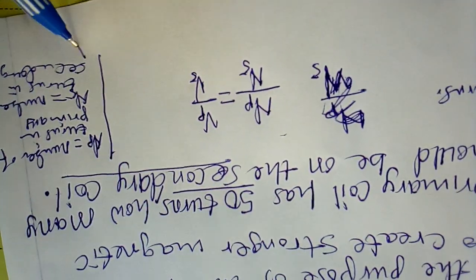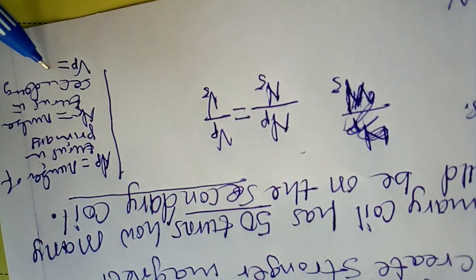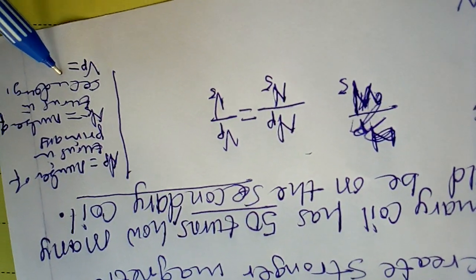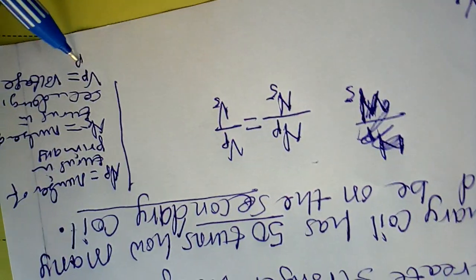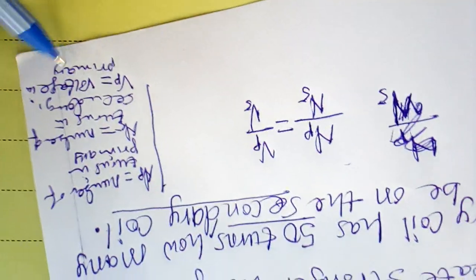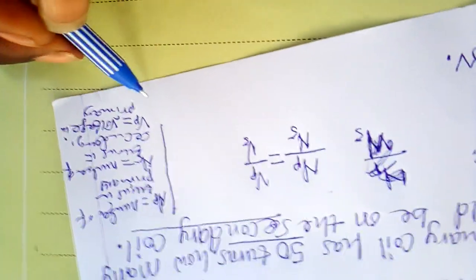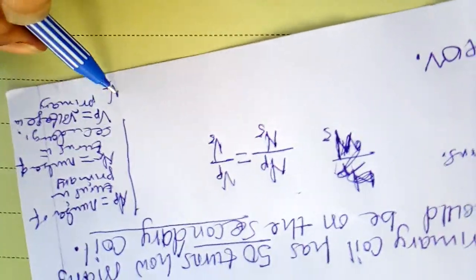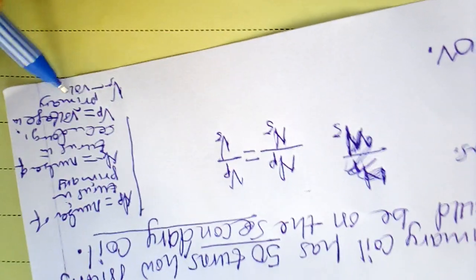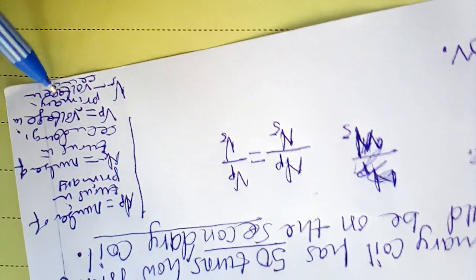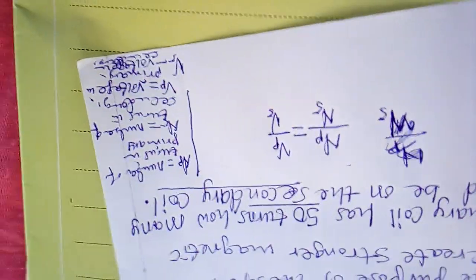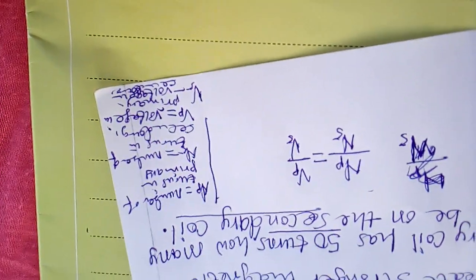VP stands for voltage in primary. VS stands for voltage in secondary. Okay, we have now defined everything, as you can see.